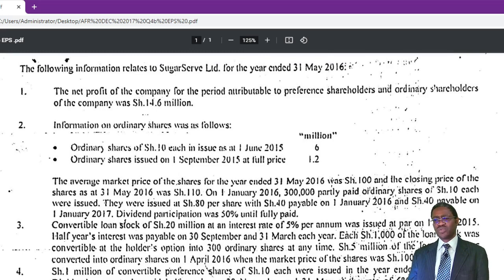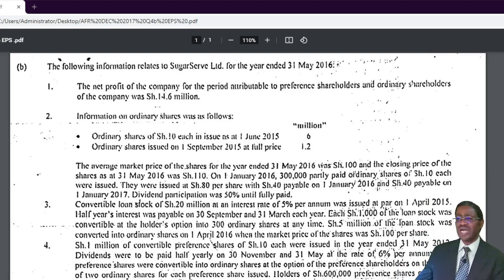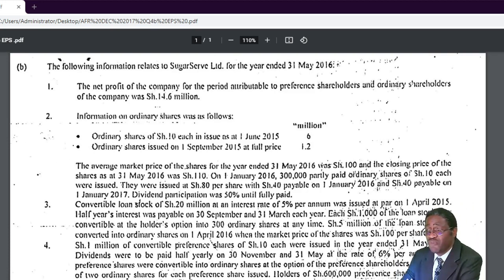That was the question that was done in December 2017. It was question number 4B, December 2017.